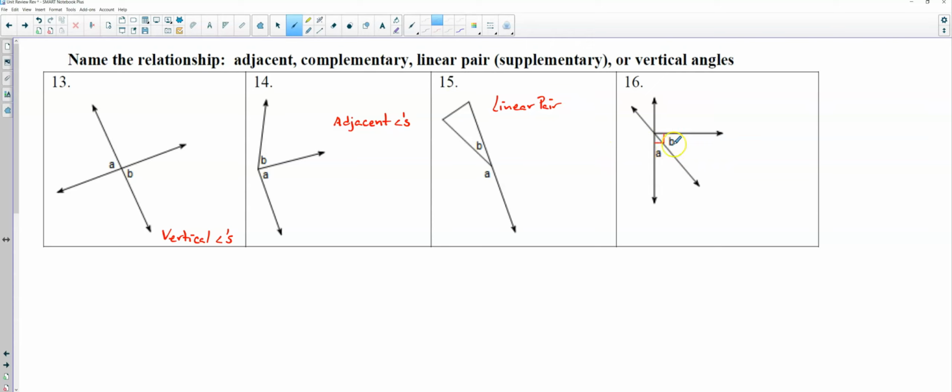So these two are complementary angles. I don't know if you use one P or two P's there. Complementary angles, okay?